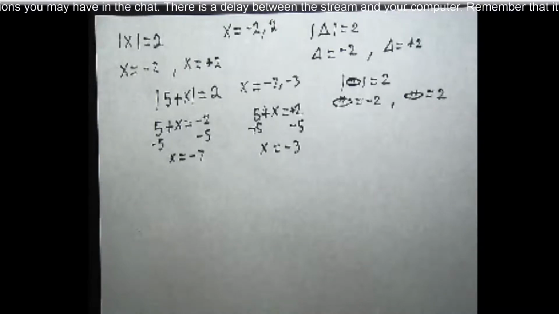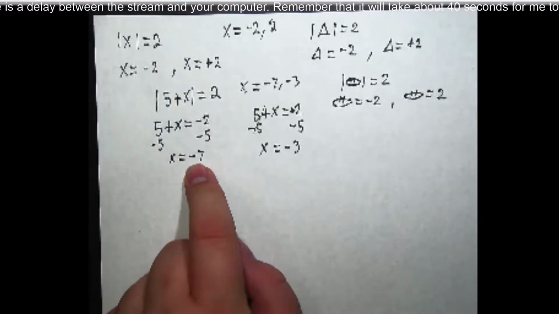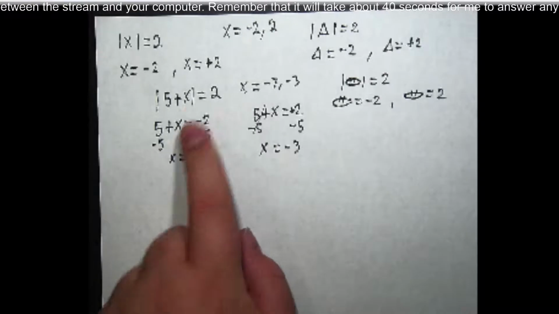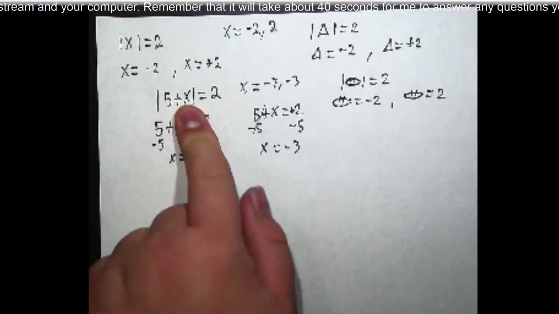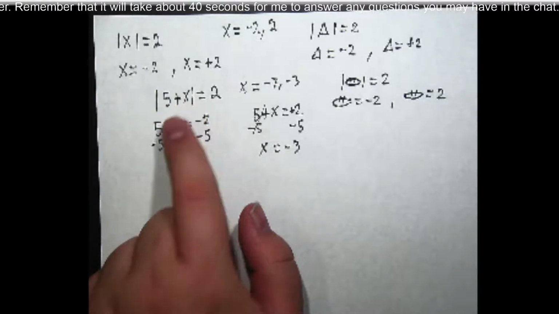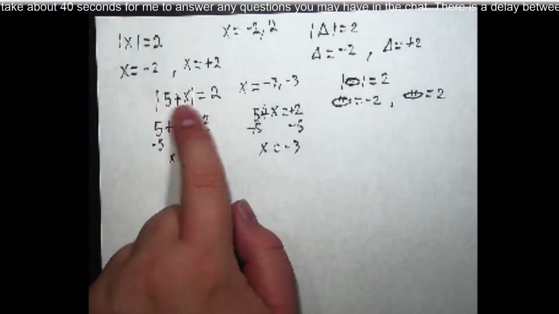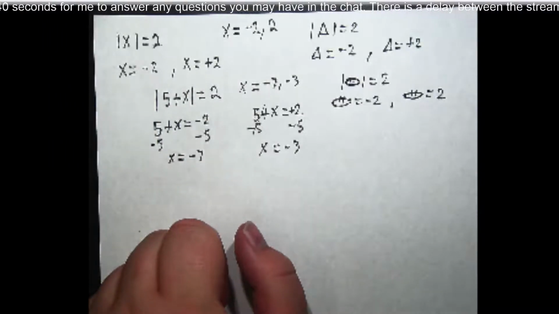It's also a good idea to test and make sure that our answers make sense. So let's go ahead and plug each of these in for x. So negative 7 in for x, 5 plus negative 7 is what?